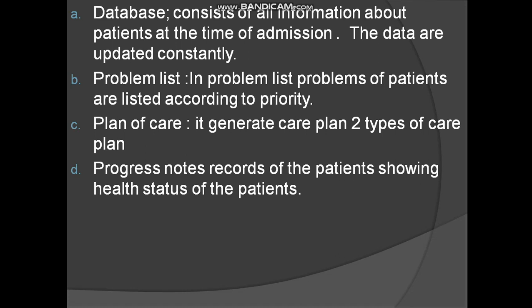Second one is the problem list. In the problem list, the problems of the patient are listed according to priority. It is the list to identify the problems in order, and it needs to be updated continuously.